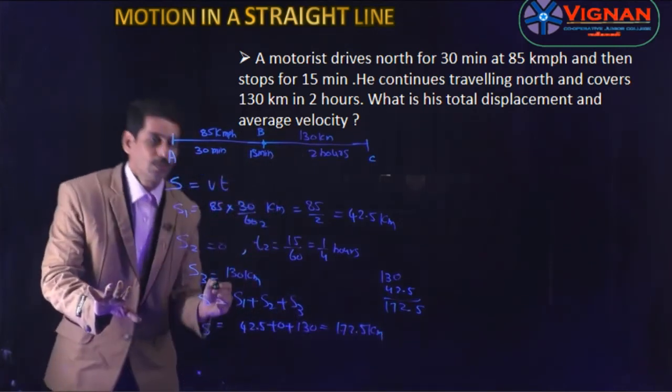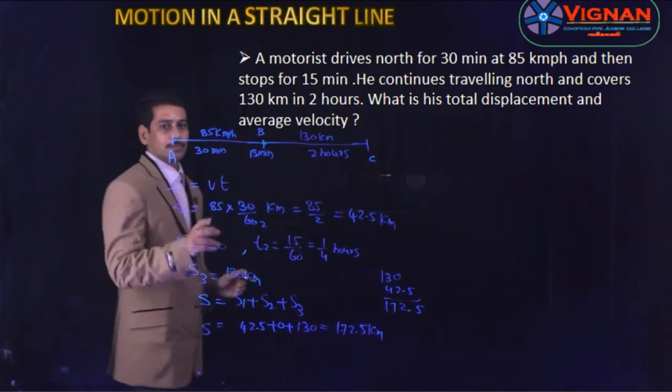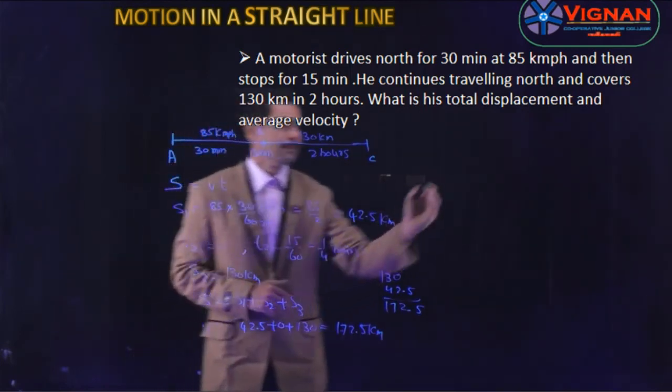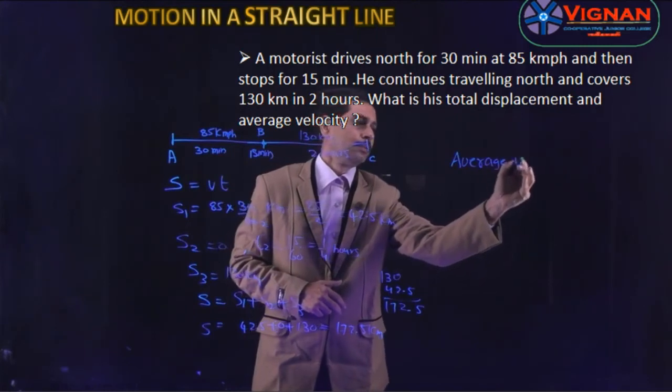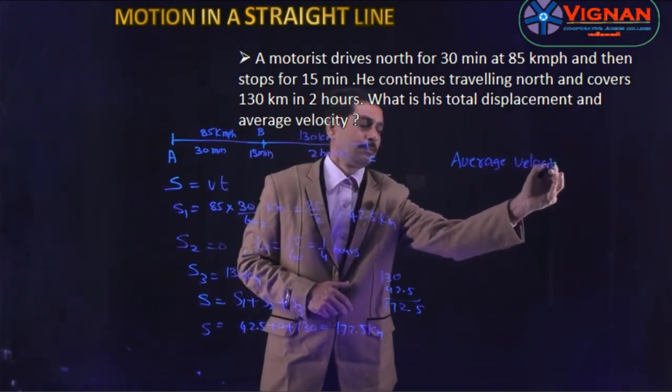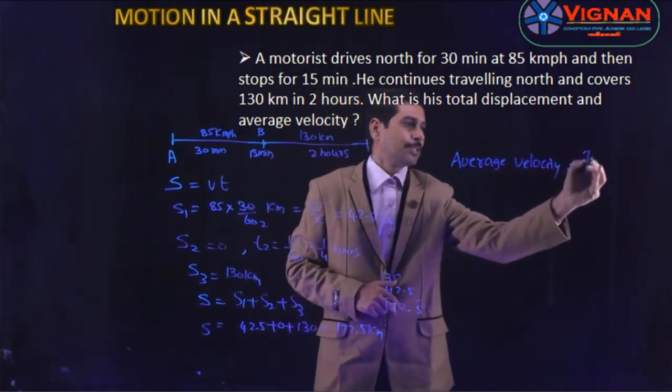So this is the total distance traveled, and we are also to find the average velocity. So average velocity is nothing but total displacement by total time.